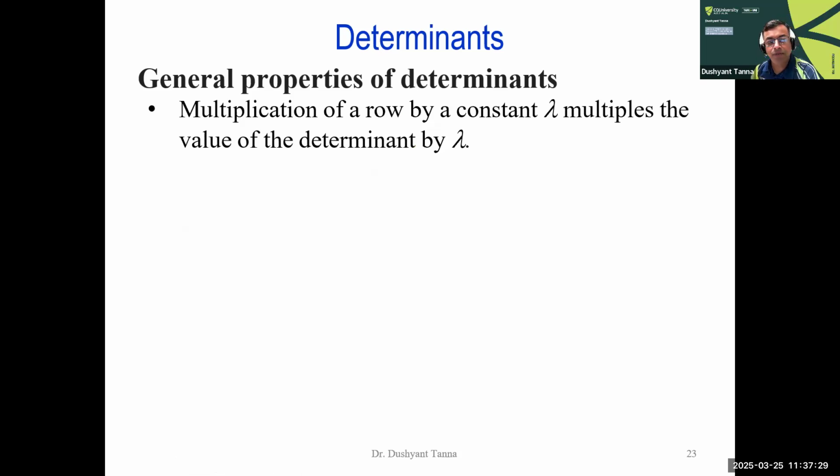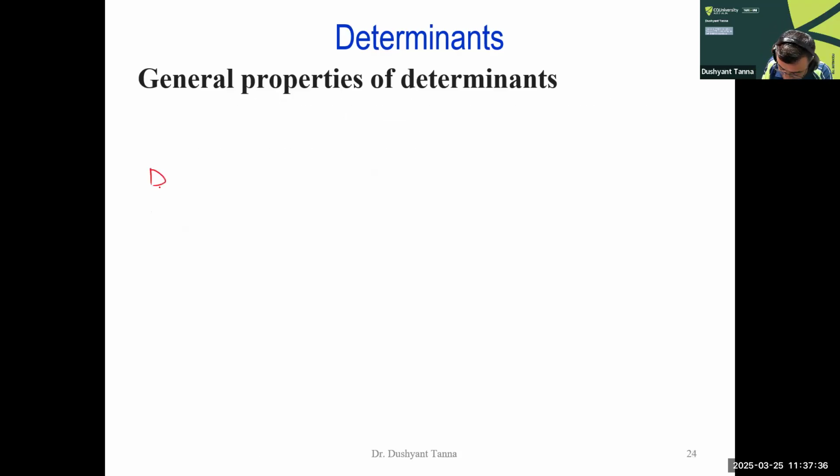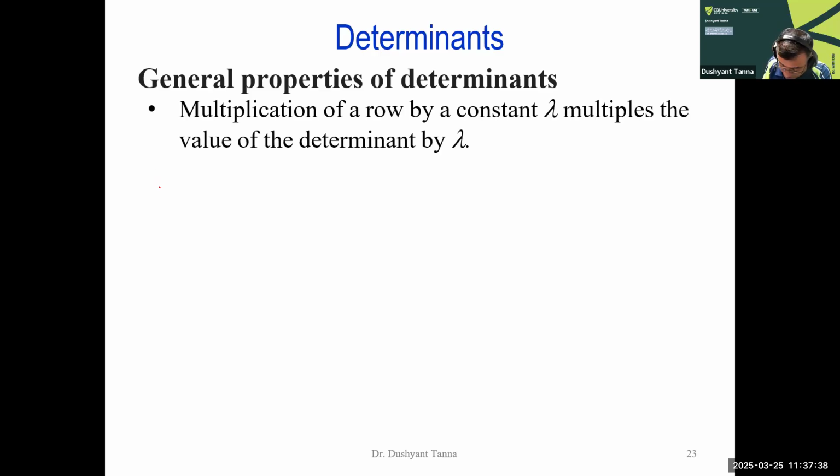Okay. Multiplication of a row by a constant lambda multiplies the value of a determinant by lambda. So let's pick up the same example. Here, D, which was 1, sorry, that was 1, not minus 1: 1, 2, 3, minus 1, 2, 6, 7, 8, 9. Our D was 6.